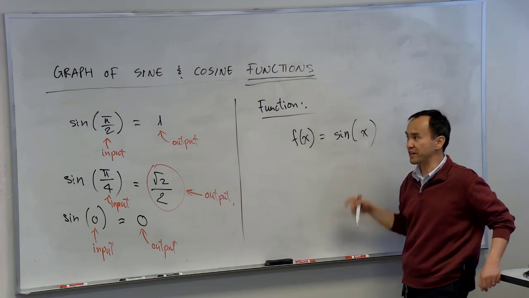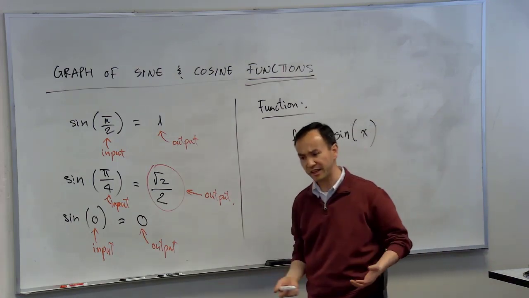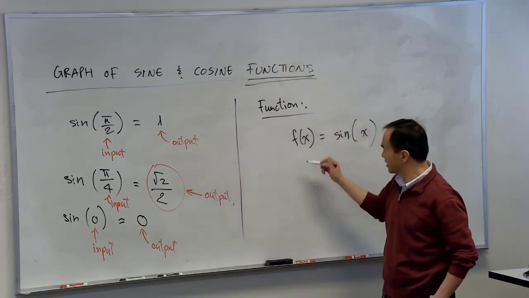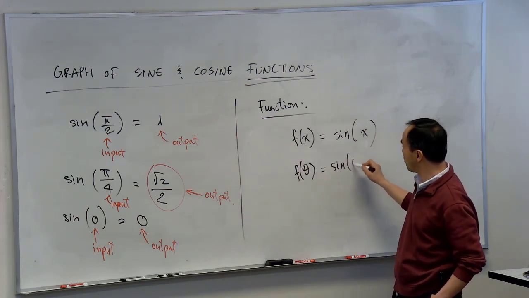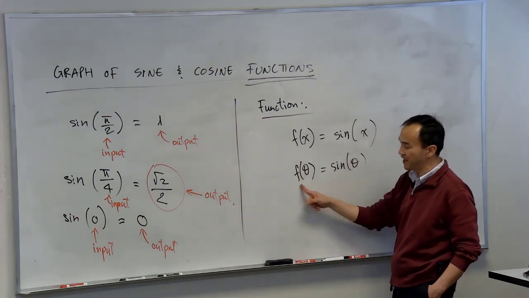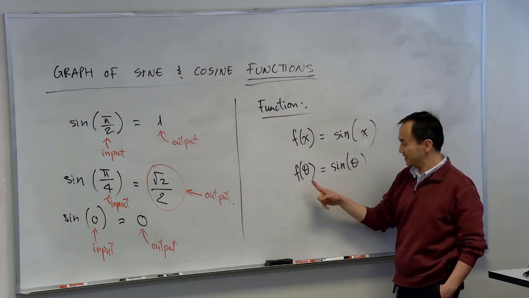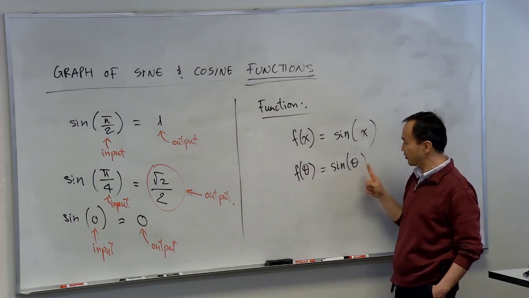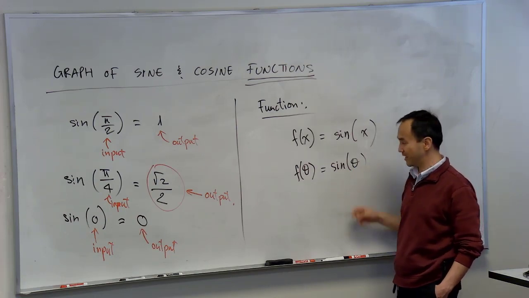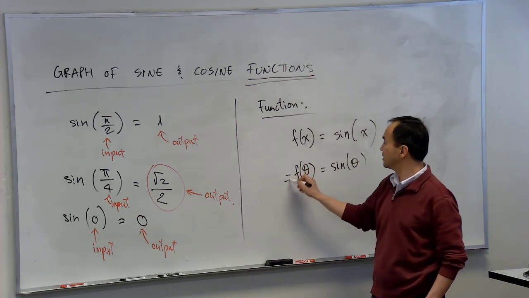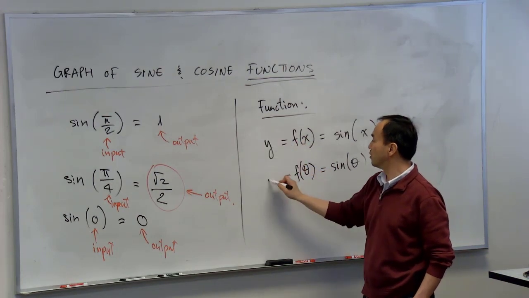Even though we switched the variable's name, we've been using theta a lot of times, and it still doesn't hurt to use theta at all. But the point now is to keep in mind that we can define a function so that anytime you give an input, you take the sine value of that input, and whatever the output is, it's still going to come out as the traditional y value.